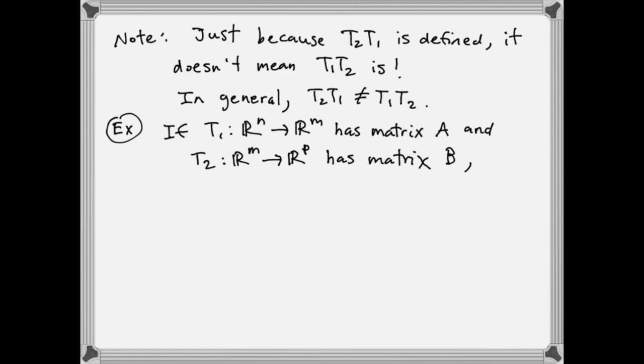What do you think? Well, T1 says Rn to Rm, and then T2 takes Rm to something. So yes, T2 T1 exists, right?